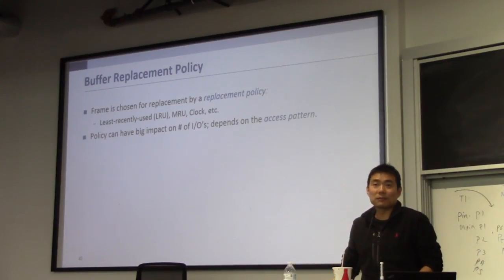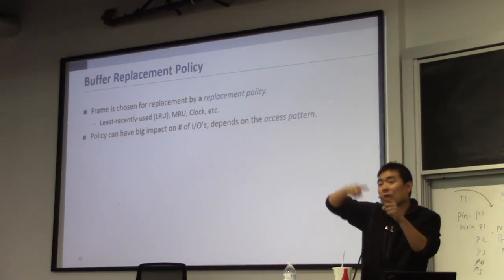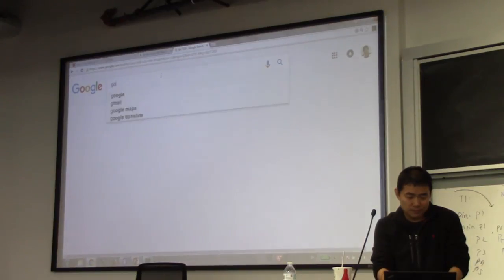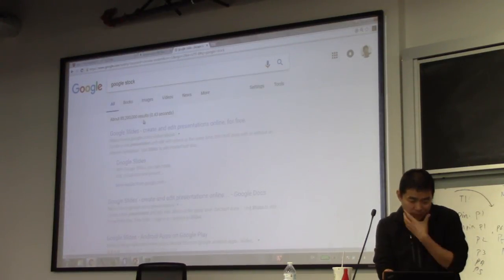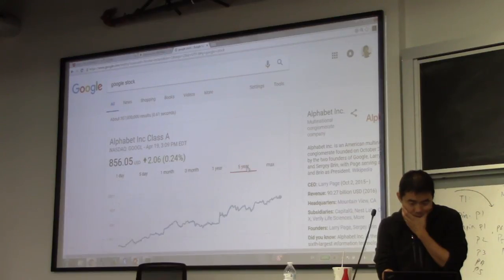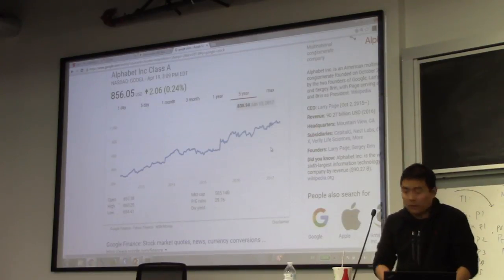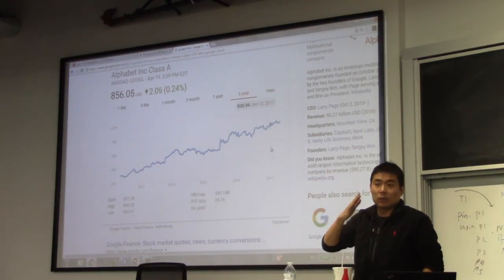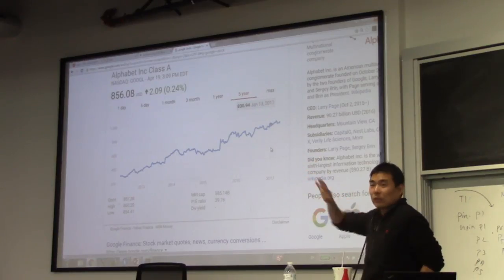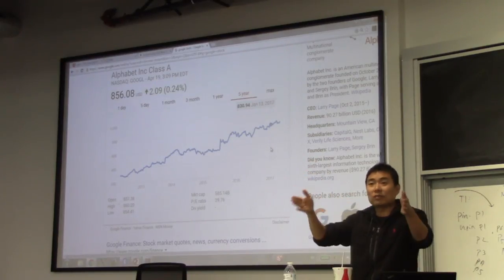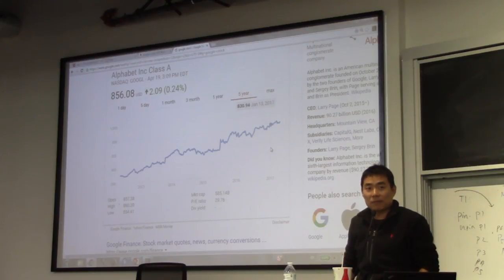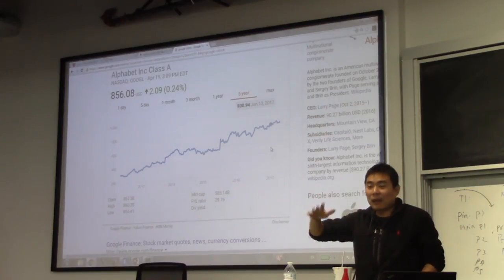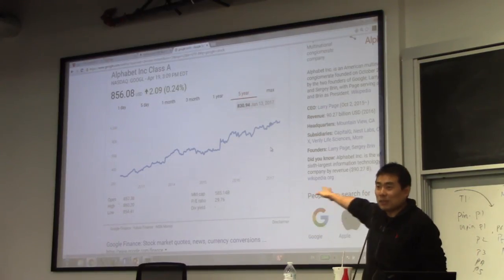It's kind of like, if I tell you the stock sequence, if I give you this curve, imagine we were at 5 years ago, but I tell you what the curve will look like for the 5 years down the road. I gave you $1,000 to begin with. One simple strategy is, buy Google stock, go play, have fun for 5 years, come back and sell it. You make good profit.